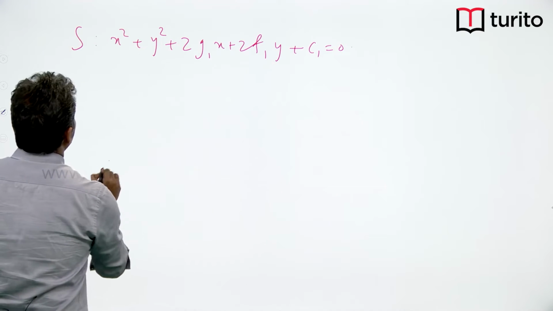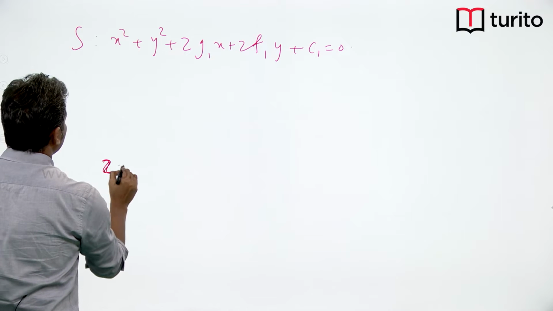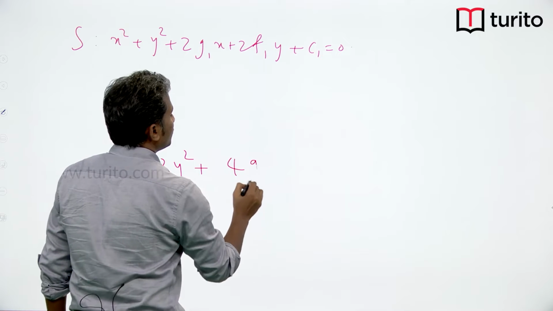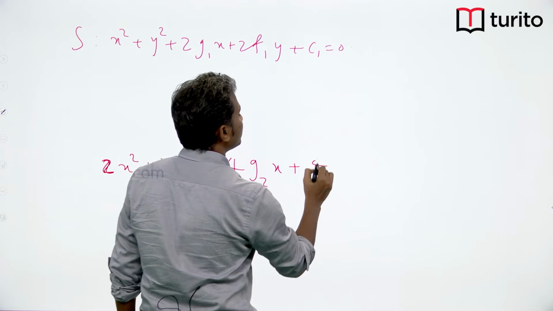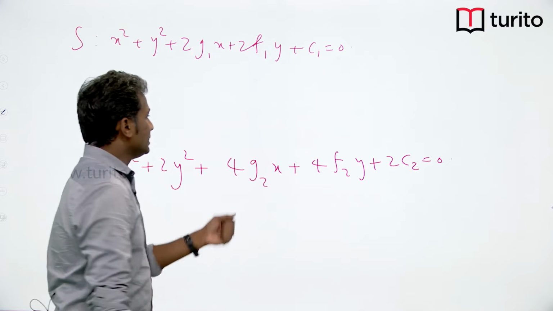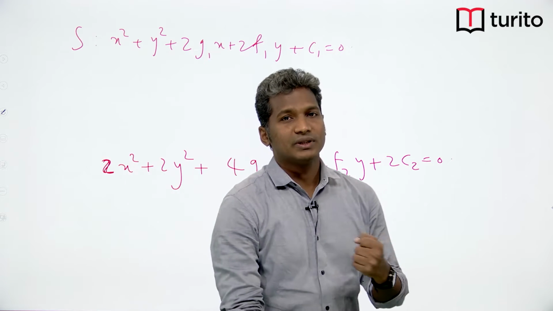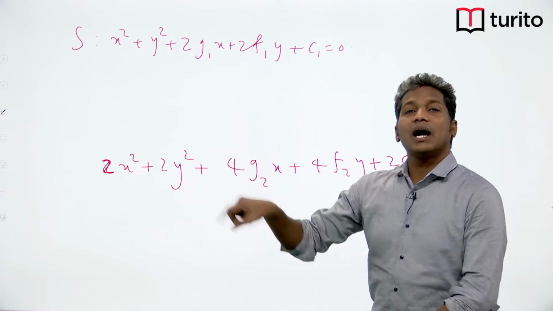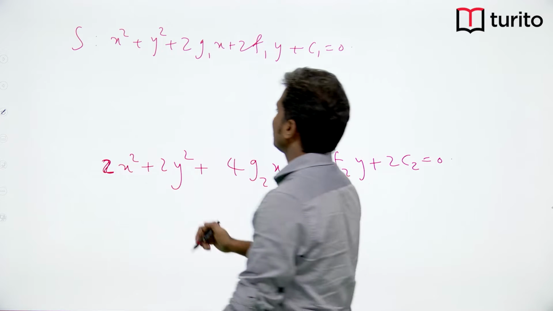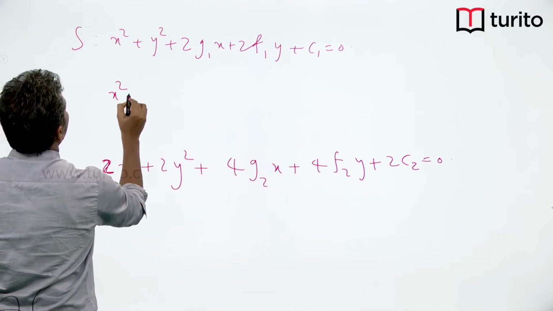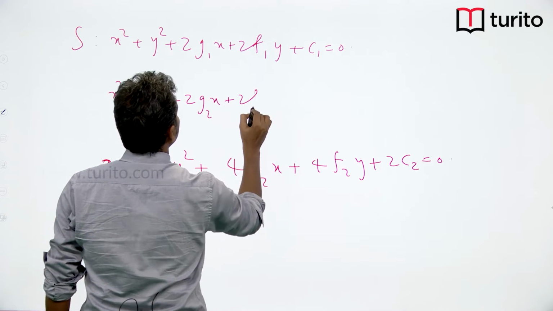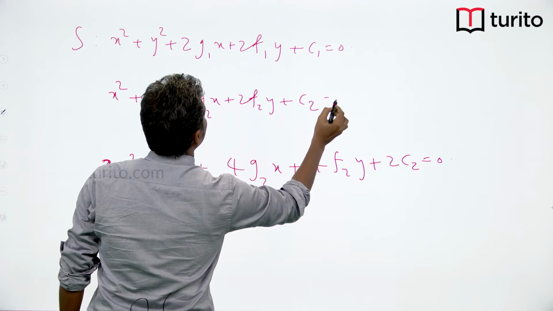For example, if I have another equation which is 2x square plus 2y square plus 4g2x plus 4f2y plus 2c2 equal to 0, then this is definitely not in the standard form of circle. Now, to apply the idea that we have written earlier, we have to convert this into the standard form. So, the standard form looks like x square plus y square plus 2g2x plus 2f2y plus c2 equal to 0.